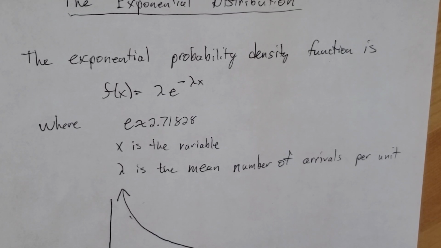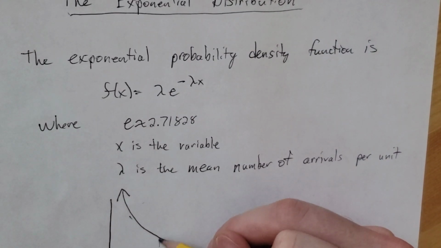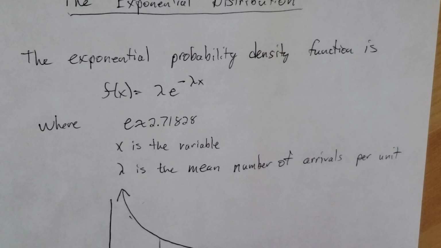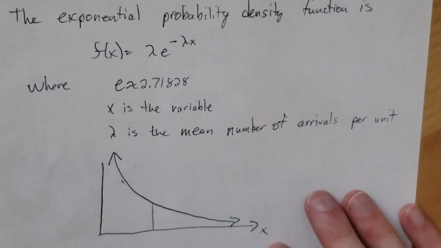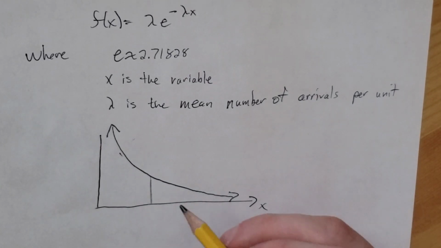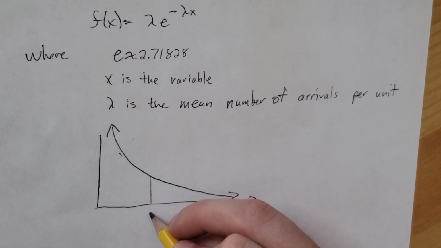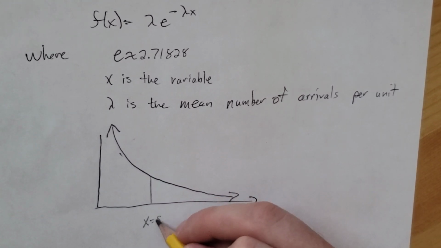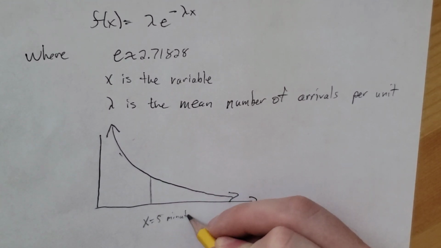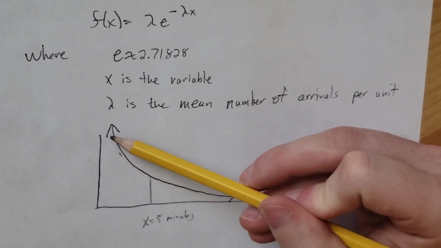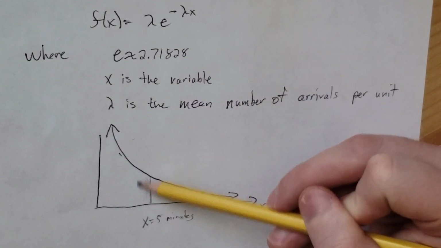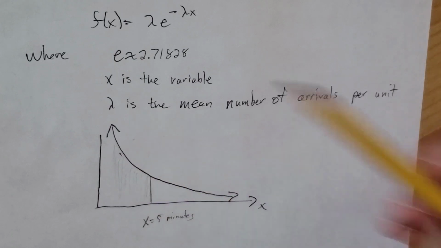Specifically, if we want to know the chance that somebody arrives within the next 5 minutes, we will find the x value that corresponds to the next 5 minutes.